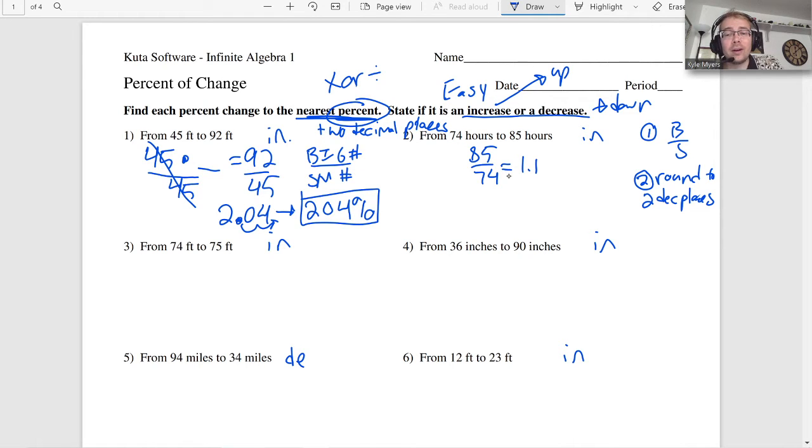So 1.148, since 8 is greater than 5, the 8 rounds the 4 up. 1.148 rounds to 1.15. Okay, and that's how rounding works. So we round to 2 decimal places. And then step 3, we want to write that number as a percent, right? So we move the decimal over 2 spaces to the right.